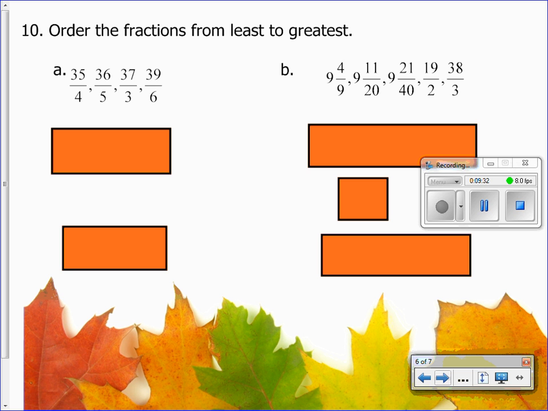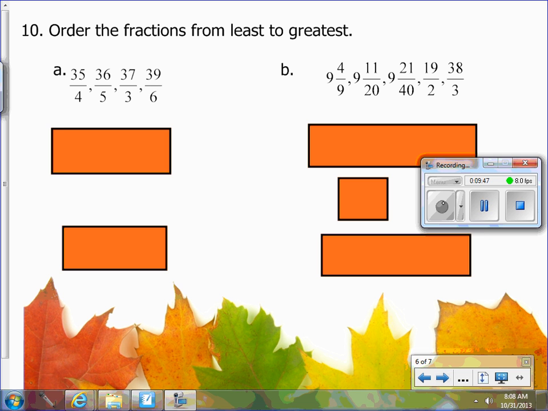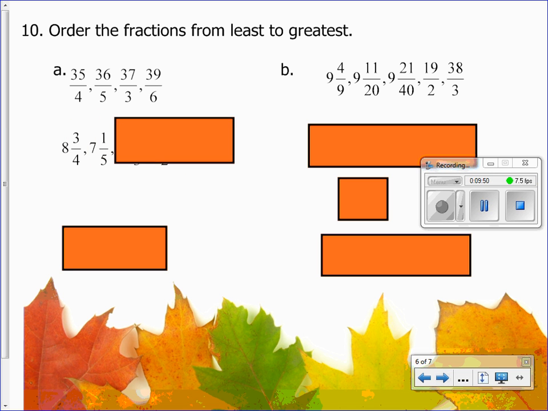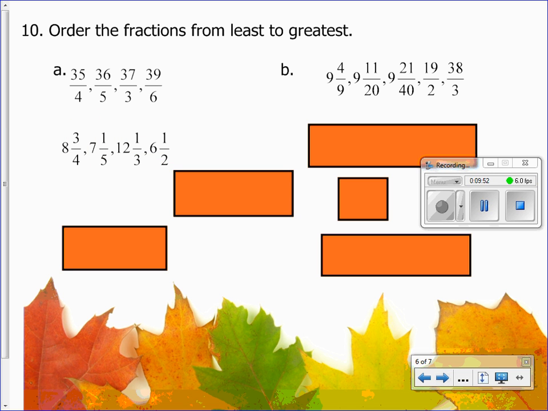Now, you will be given some fractions that they're going to ask you to order from least to greatest. So in these, in A, it looks like every one is an improper fraction. So what we did was we changed each one of these improper fractions to a mixed number.